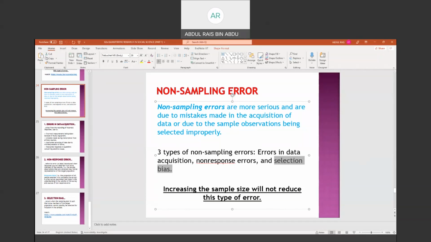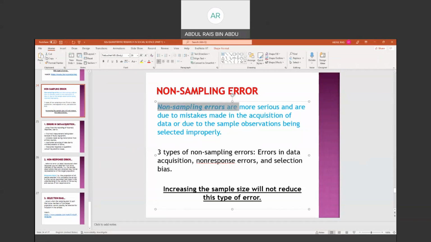So that creates the non-response error, meaning you ambil orang yang tak sepatutnya participate dalam study tu untuk participate dalam study tu. Okay, right, so those are types of errors that can occur, sampling and non-sampling error.